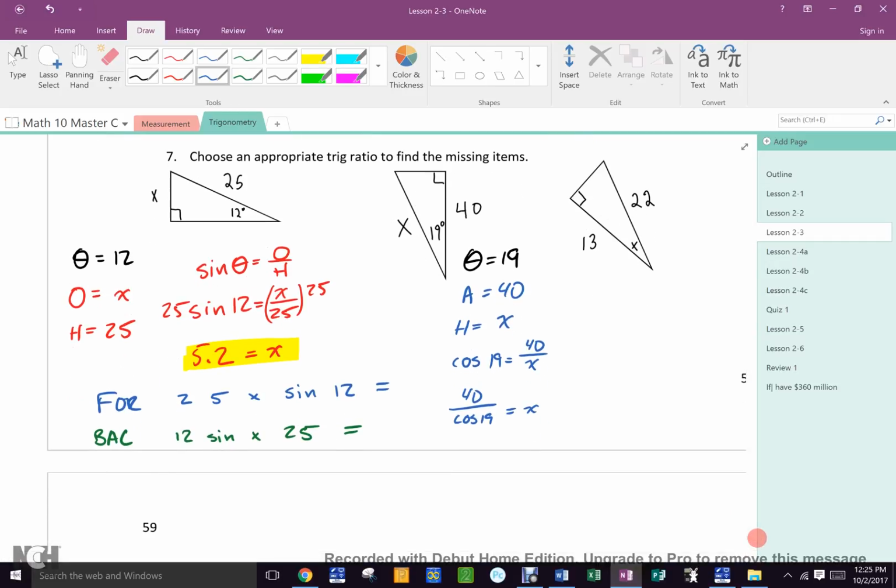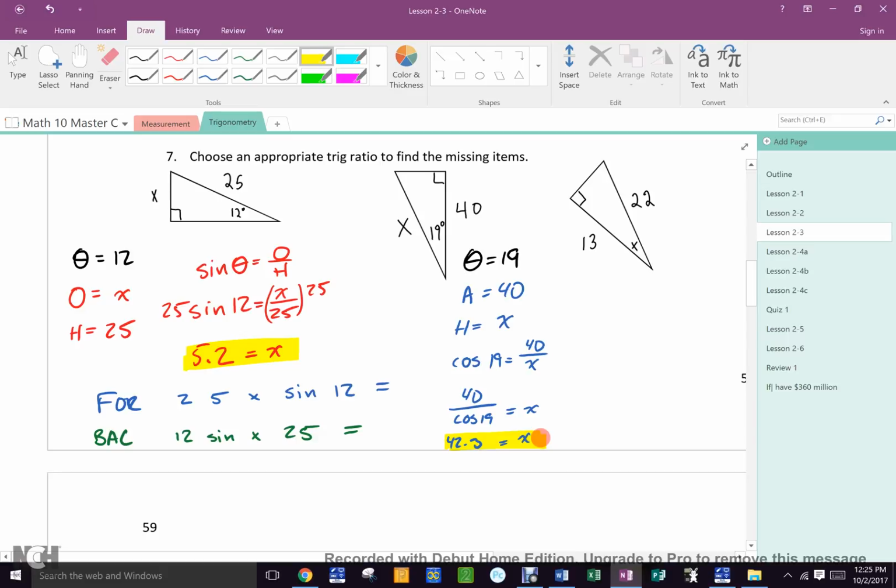Use your machine to get the answer. What does x equal? It is 42.3. If you can't get that, once again, you will use today's practice time to ask me.